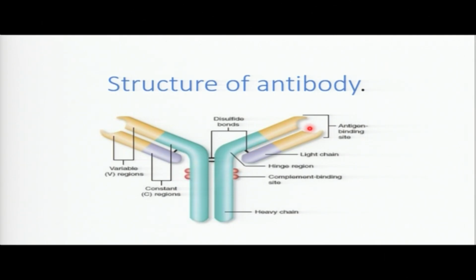And here, at the end of this chain, we have what you call antigen binding site. That's where antigens will bind on the antibody. They have to bind here. That's why antibody is also specific, because each antibody has only one antigen to bind with.